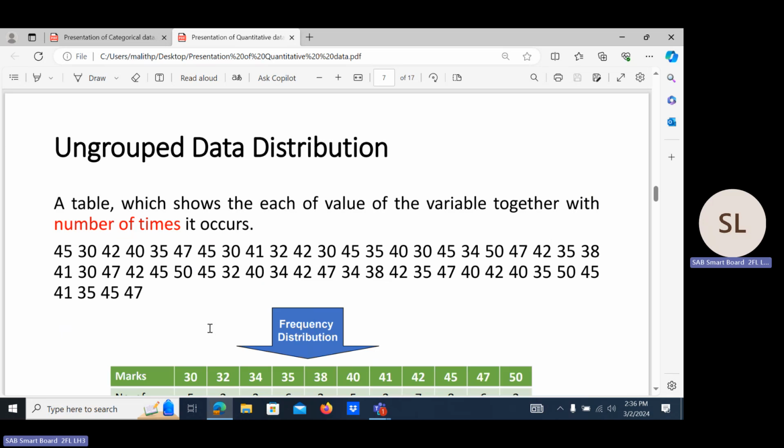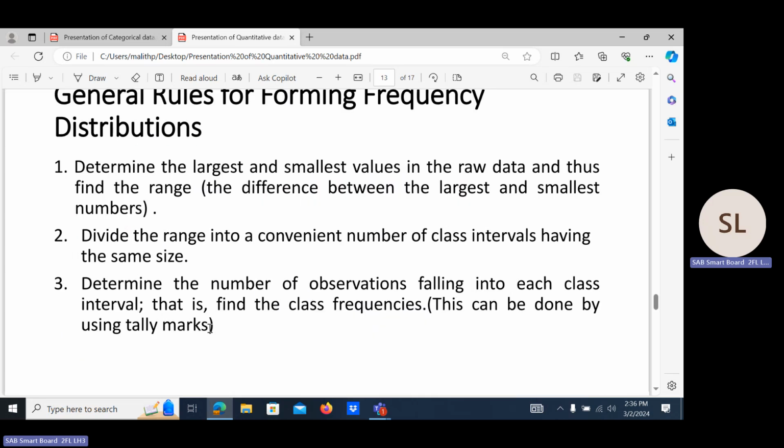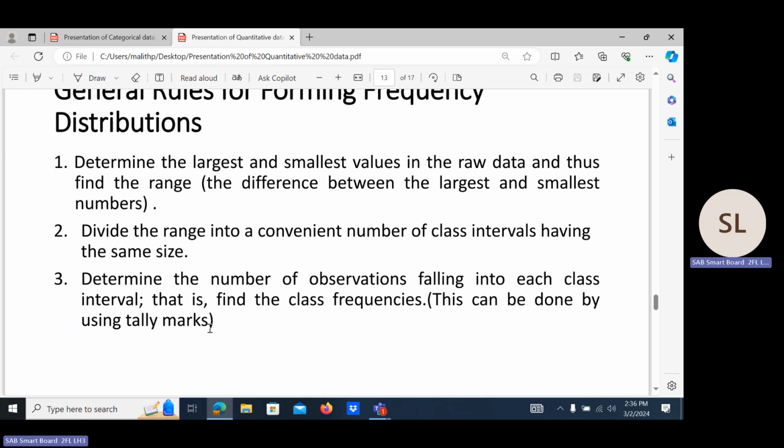Then using these two values, we can calculate the range. The highest is 50 and the lowest is 30. Range means the highest value minus the lowest value. In here, the highest value is 50 and the lowest value is 30, so the range is 20. So the first step: we search the raw data set or array and identify the highest and lowest values. Then using these two values, we calculate the range, the difference between the highest and lowest value.